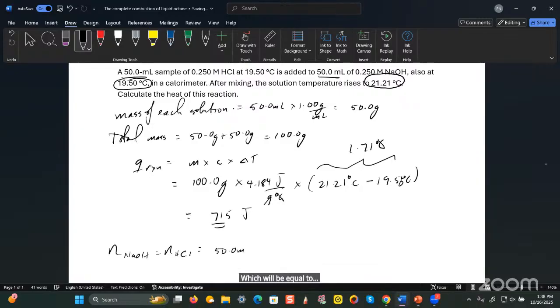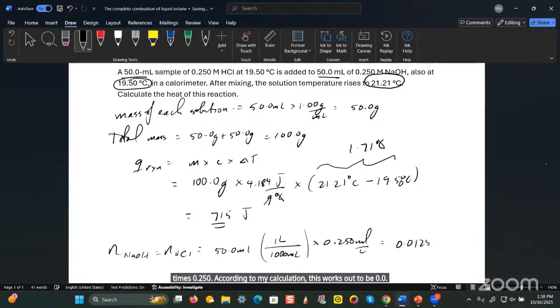50.0 mL. We have to convert that to liters, 1 liter over 1,000 mL. And then we multiply that by the respective molarities, which is the same in both cases, 0.250 M or moles per liter. And let's see what that gives. So 50 divided by 1,000 times 0.250. According to my calculation, this works out to be 0.0125 moles.